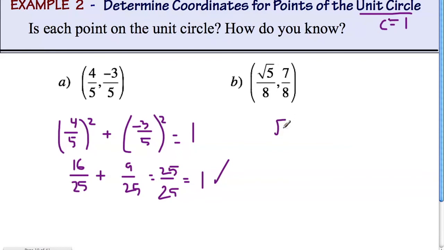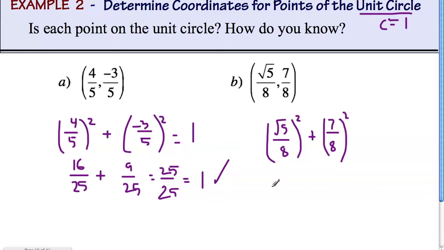Okay, let's check this other one. So we got root 5 over 8. And we square that, and we add it to 7 over 8. And when we square a square root already, see that's square.